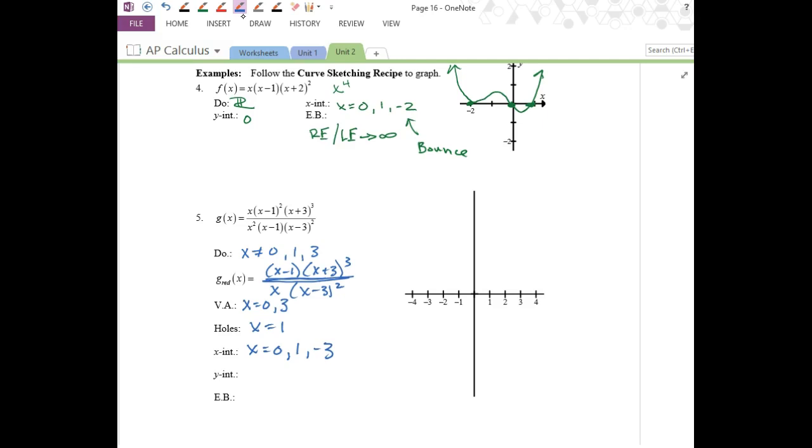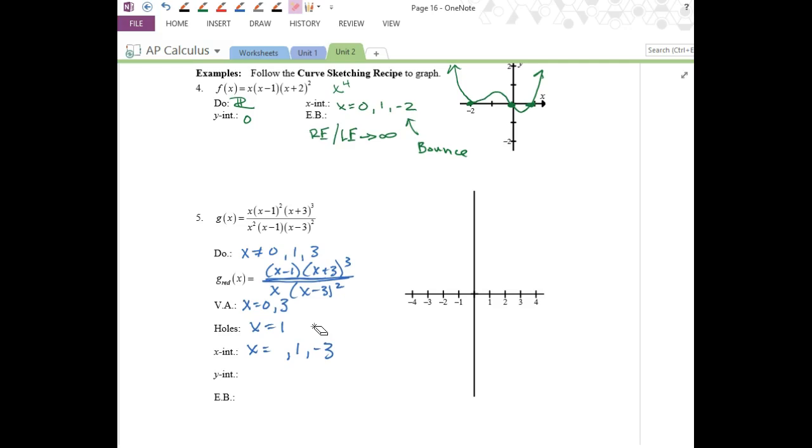Oh, hold on. No, there is not. There is not an x-intercept at 0 because there's a vertical asymptote. So not at 0 because there's a vertical asymptote.